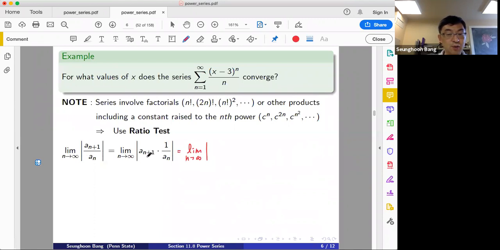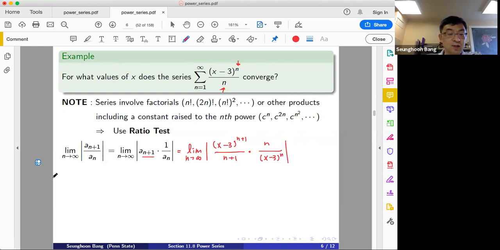What is a_(n+1)? You plug n plus 1 into n. So we have (x minus 3) to the power n plus 1 over n plus 1, times 1 over a_n. The 1 over a_n is the reciprocal of a_n, just n over (x minus 3) to the power n.